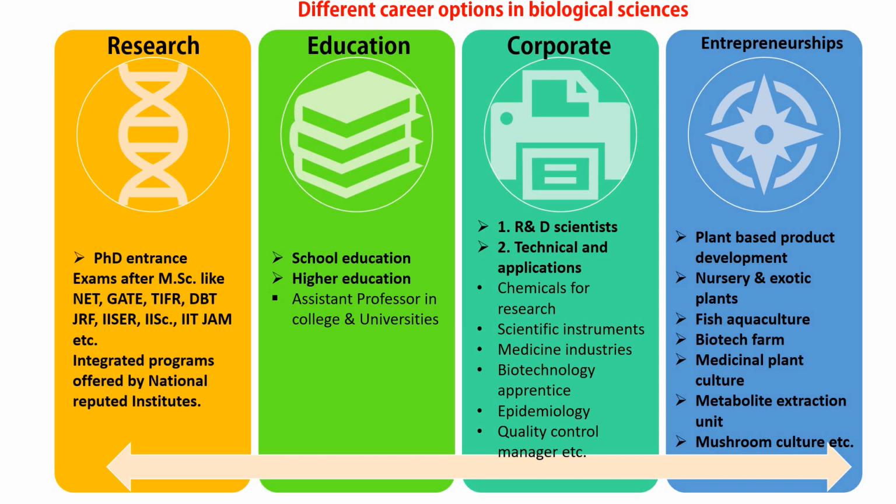And for jobs in colleges and universities, you must have a PhD, or you must qualify the National Entrance Test or NET exam, particularly the LS. Actually, in the NET, there are three categories. One is NET LS or lectureship, and another is JRF or junior research fellow.